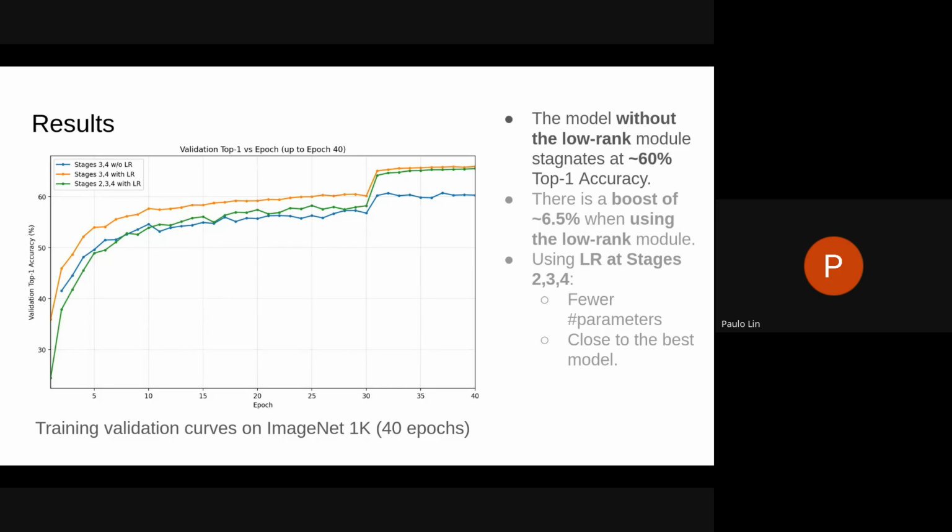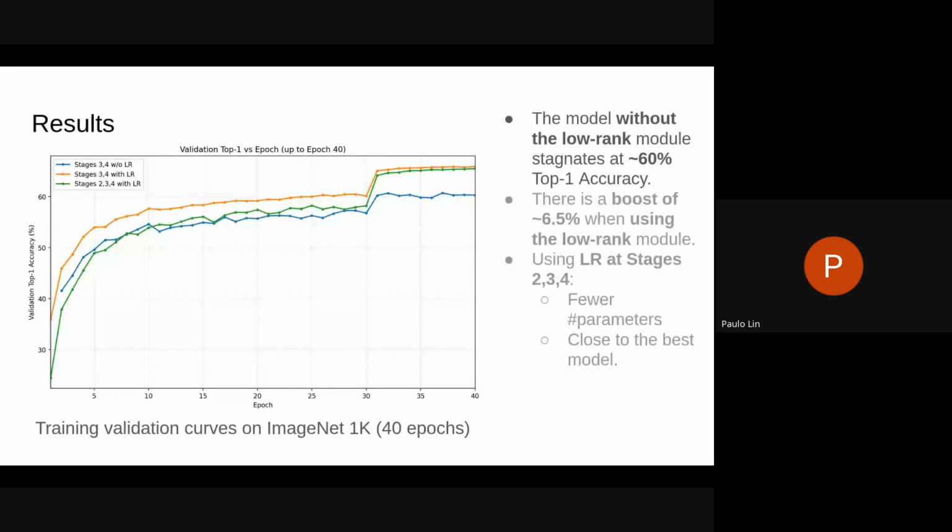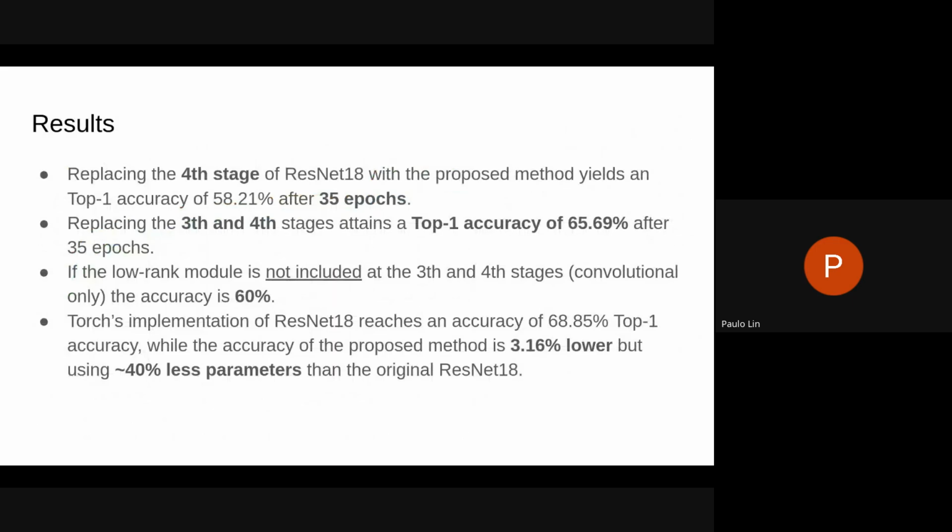So the results are that replacing the 4th stage of ResNet 18 with the proposed block yields a top 1 accuracy of 58% after 35 epochs. And if I replace the stages 3 and 4 with the block, the top accuracy goes up to 65.69% after 35 epochs.